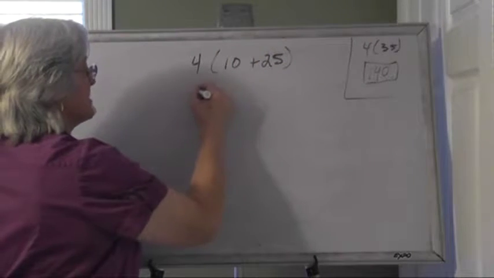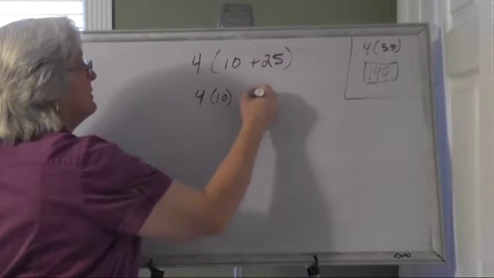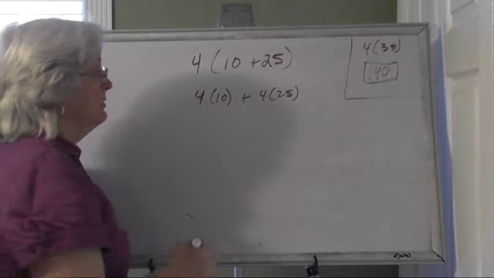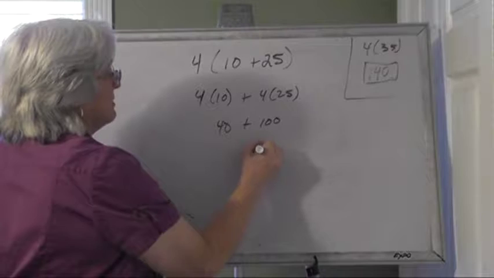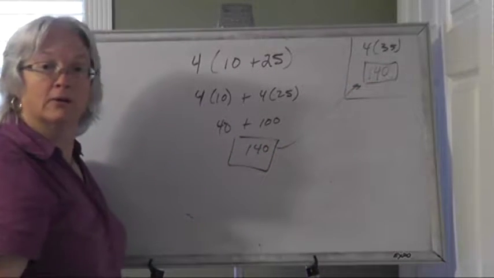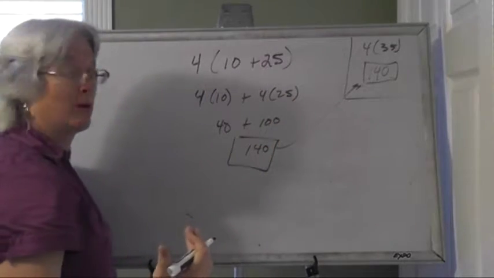Well, wouldn't that be the same as saying 4 dimes plus 4 quarters? It would. 40 cents plus $1 gives me $1.40, or in this case, since we have pure numbers, it's just 140.